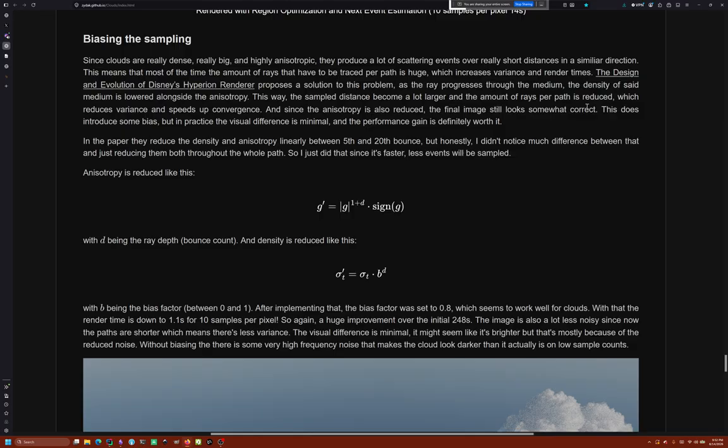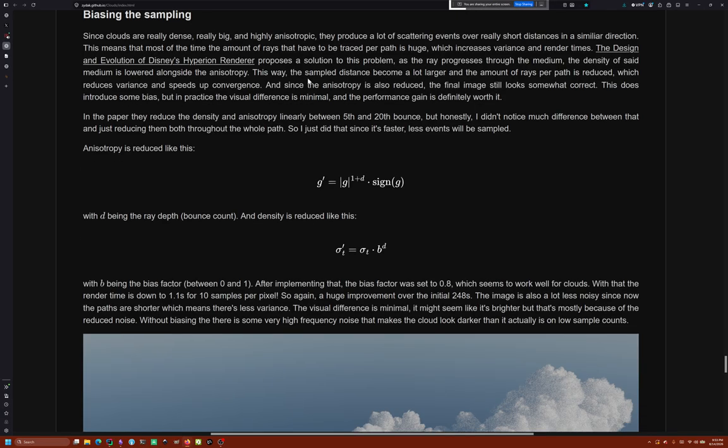As the ray progresses through the medium, the density of said medium is lowered alongside the anisotropy. This way, the sample distance becomes a lot larger, and the number of rays per path is reduced, which reduces variance and speeds up convergence. Since the anisotropy is also reduced, the final image still looks somewhat correct. This does introduce some bias, but the visual difference is pretty minimal.